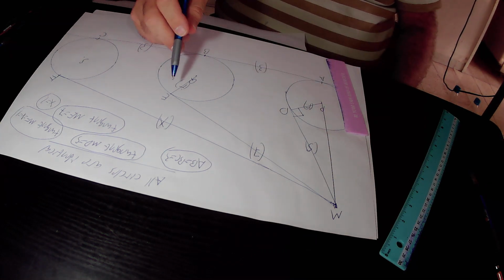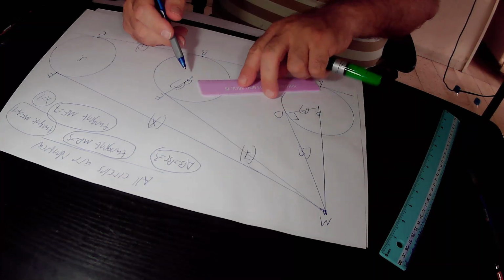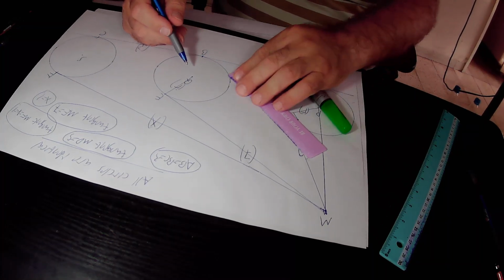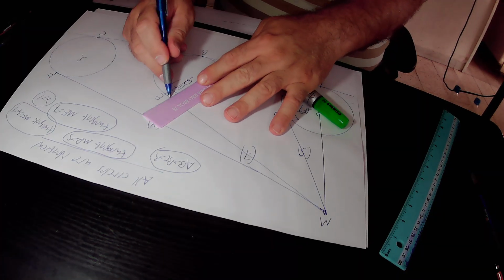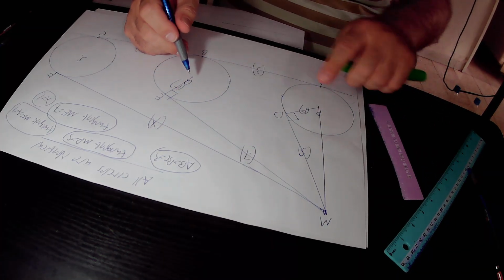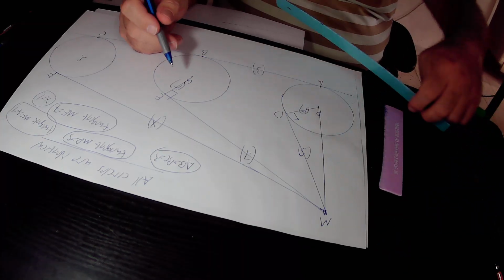If ME is perpendicular to EQ, it means that this angle equals 90 degrees according to rule 1. So in the next step, we join points M and Q together by a straight line.